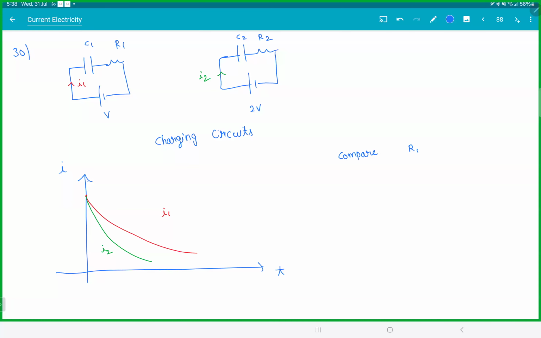Meaning which resistor is bigger, R1 or R2? Which capacitance is bigger, C1 or C2? This is an I-T graph for the charging circuits. Both the graphs start from the same value. Get this? It's an easy one.